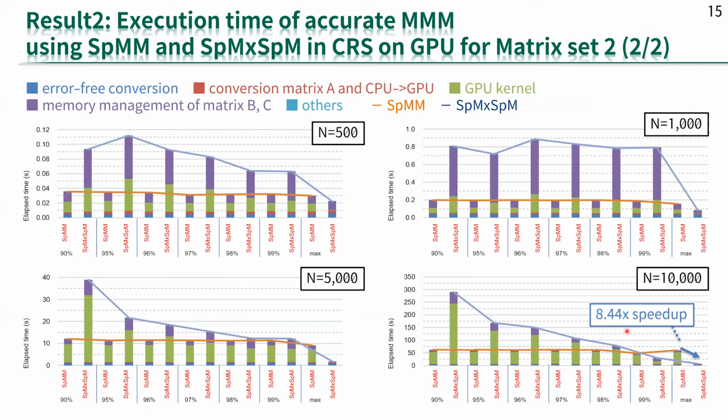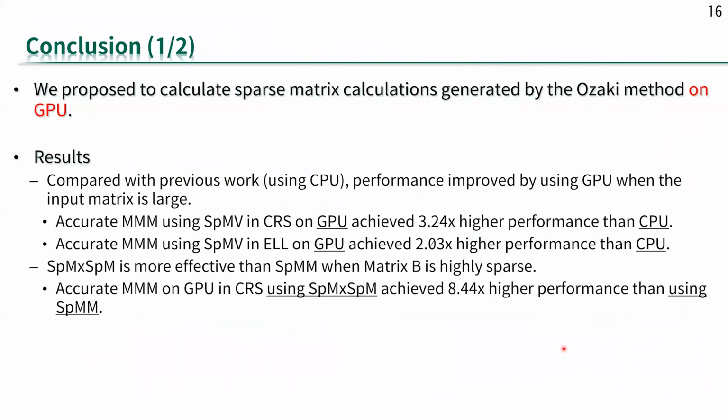This is a conclusion slide. We propose to calculate sparse matrix calculations generated by the Ozaki method on GPU. Our performance evaluation indicated that, compared with previous work using CPU, performance improved by using GPU when the input matrix is large.